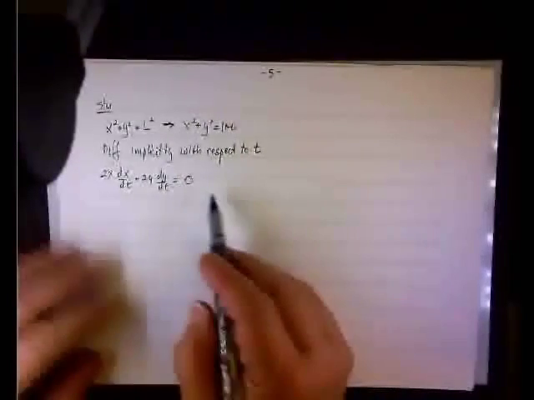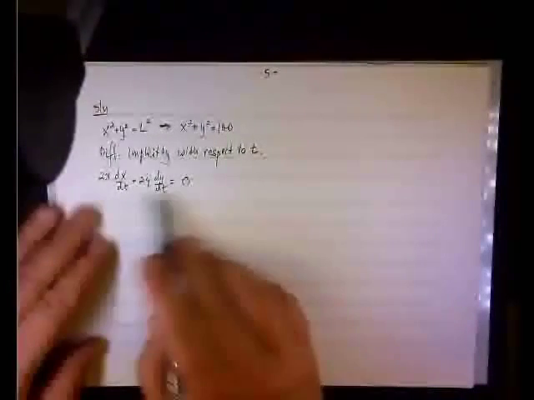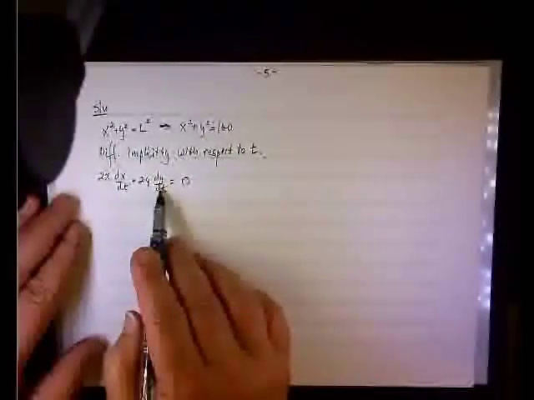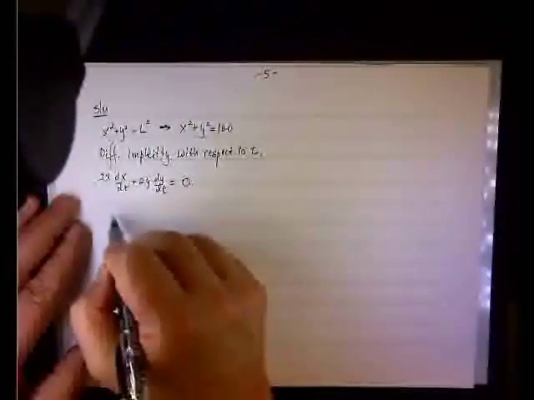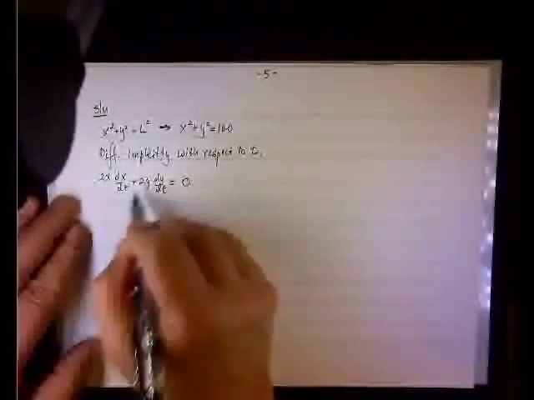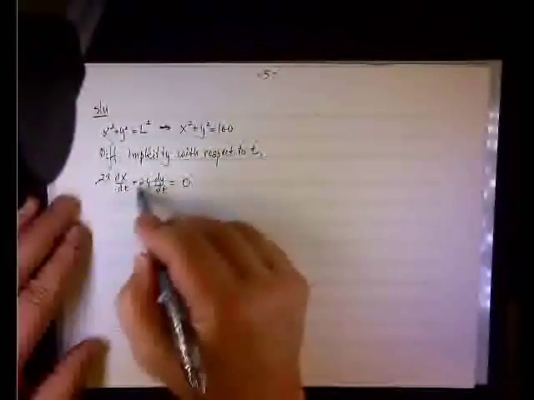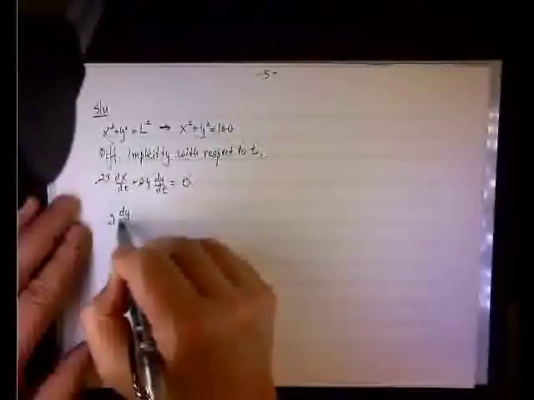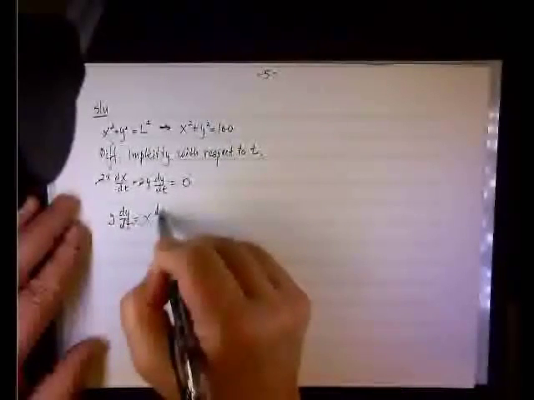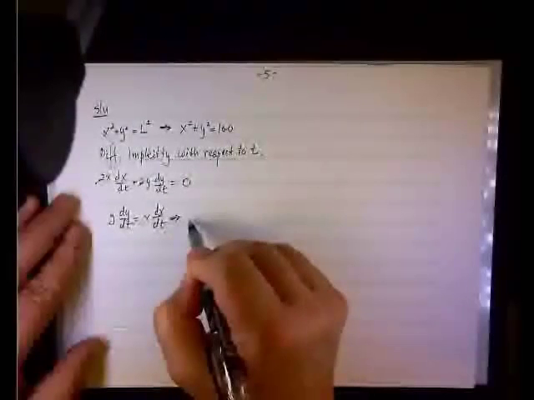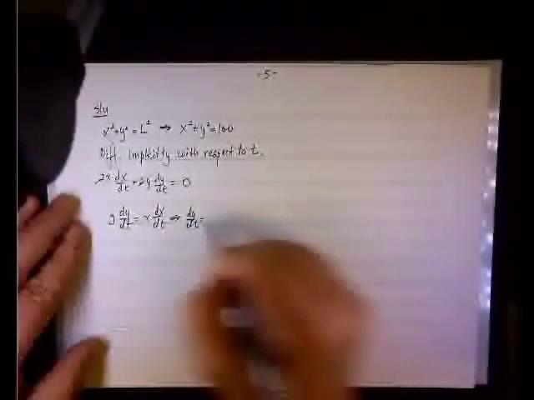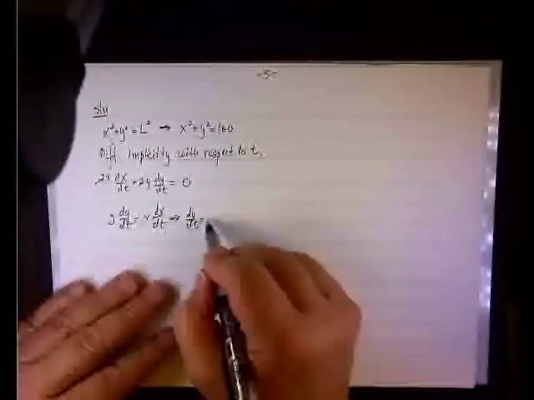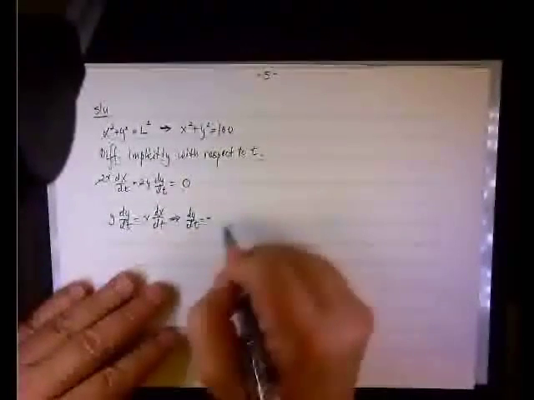Okay? So from here, we reduce. Remember, we know this, we want to find this one. We can divide everything by 2, and you get y dy dt equals x dx dt, and therefore dy dt equals negative x over y dx dt.